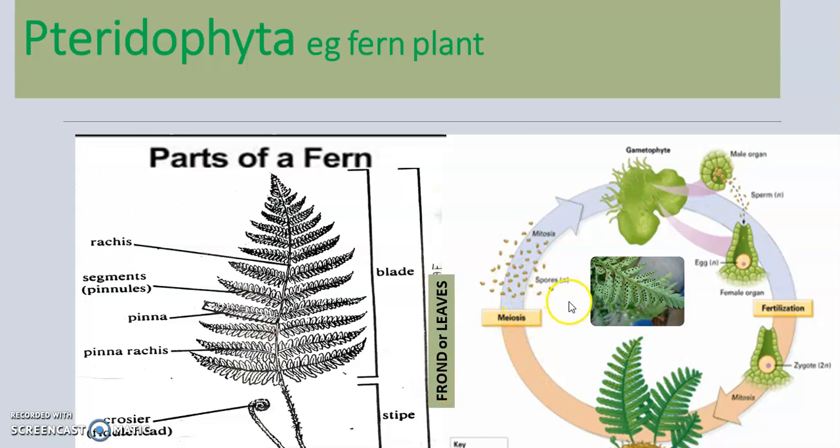Now, as we said, the plant has alternation of generation, which is the means by which it reproduces itself. It has two generations: the gametophyte generation and the sporophyte generation. At the gametophyte generation, the plant produces male sex organs and also female sex organs, just like a flower in plants.